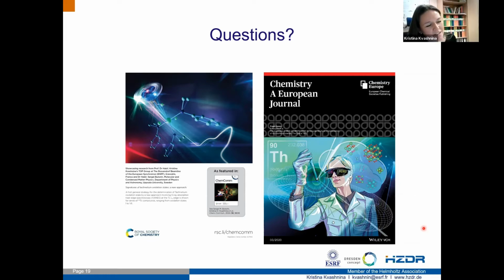Yeah, it's a really interesting question. We never saw it, in fact, unless we don't really realize it, but that would be something else to discuss. Up to now, we don't see this kind of effects of radiation. Of course, we observe radiation damage, but it has nothing to do with radioactive decay. Those are two different issues. Radiation damage definitely occurs very often, especially for nanomaterials or some special ligands.